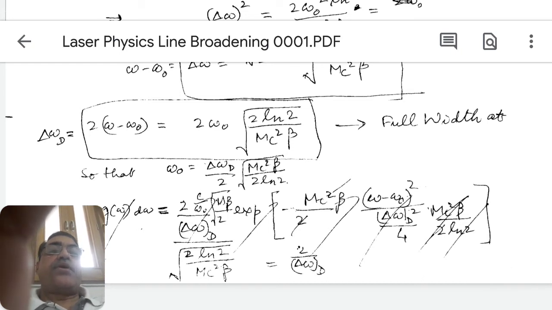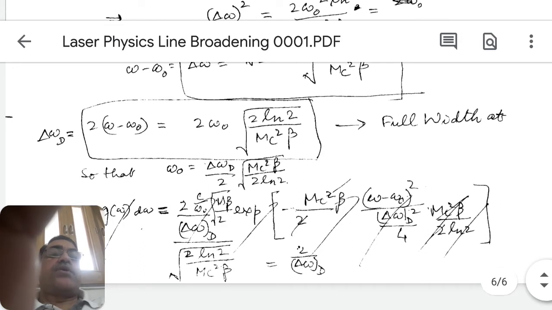From this we obtain omega naught is equal to delta omega d by 2 mc square beta under root of mc square beta by 2 log 2.